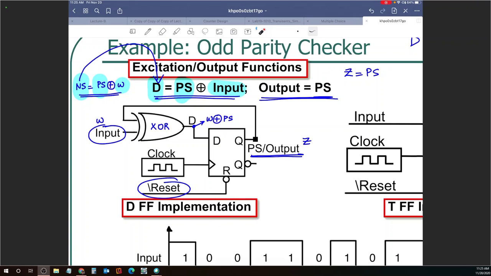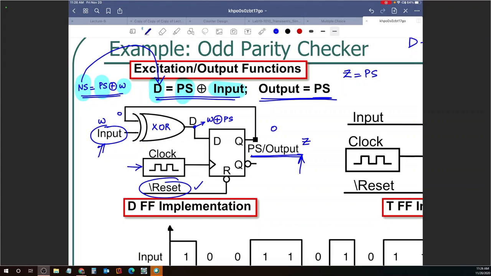When you make this reset active, the output goes to a 0, and you have a 0 over here, and that is going to get compared with the new input coming in. And at the positive edge of the clock, this output keeps changing depending on the odd parity check discussion that we had earlier.